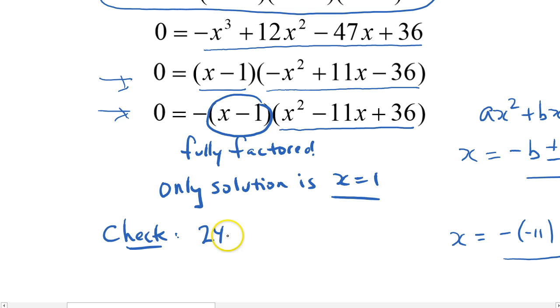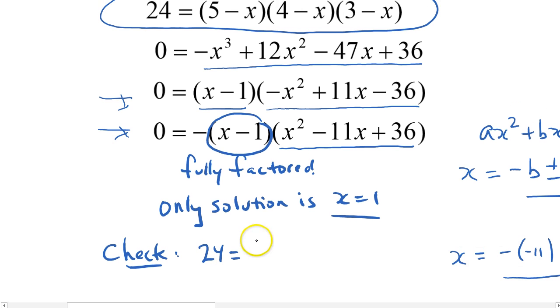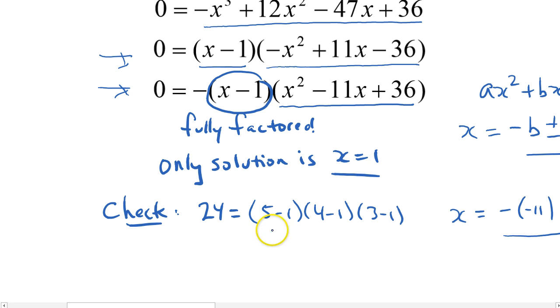Is 24 equal to 5 minus 1 times 4 minus 1 times 3 minus 1? This is 4 times 3 times 2. Sure, that works out just fine. Okay, so x equals 1 is a valid solution.